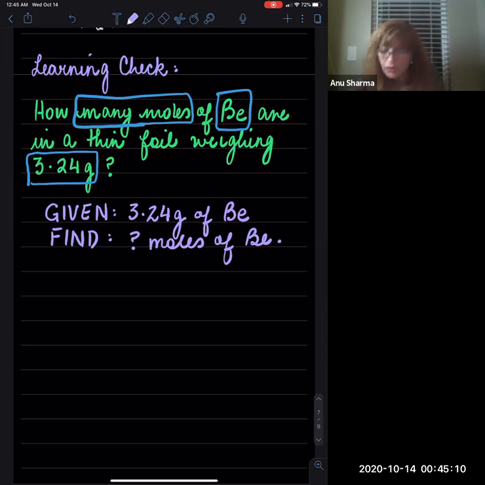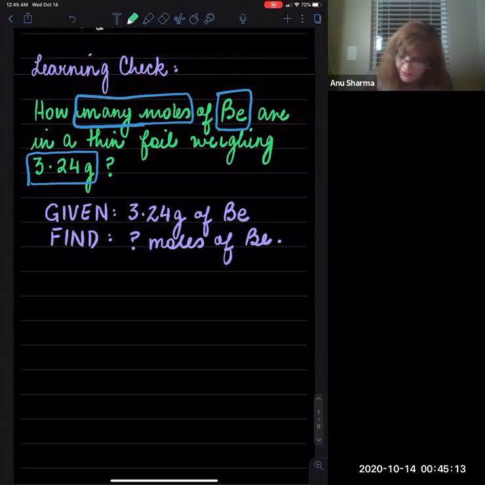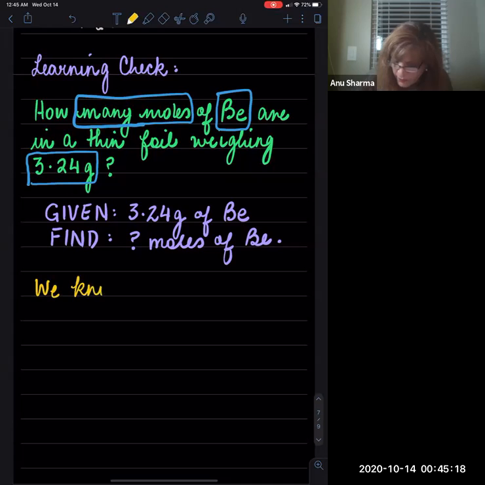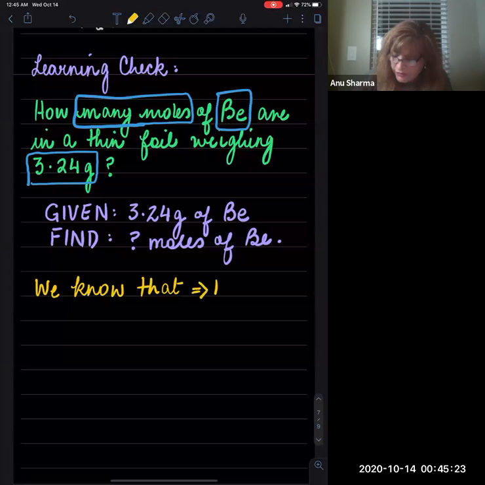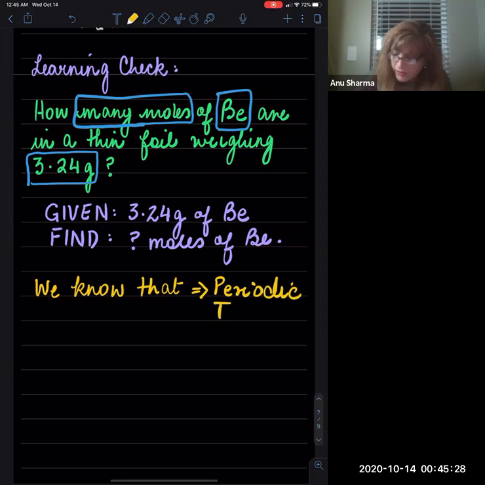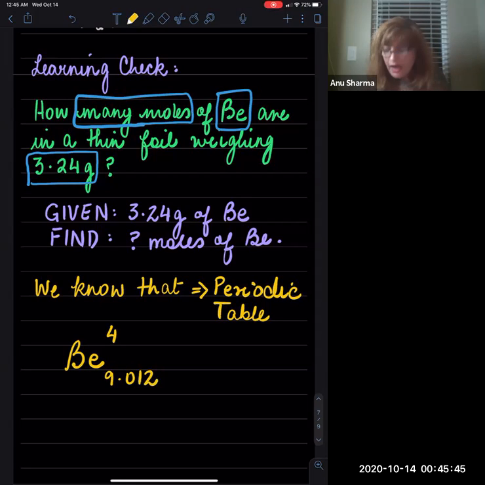Here we are going to have some information already known to us, and that information is coming from the periodic table. From the periodic table, we know that beryllium, Be, has 4 as the atomic number and 9.012, and it's safe to use just 9.